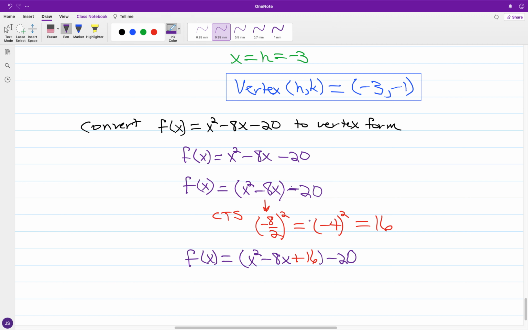So I'm going to override the surplus of 16 by taking away 16 at the end. So right now I have x squared minus 8x plus 16, which is going to be a squared trinomial. And then we have -20 minus 16. That's going to form the k value, which in this case will be minus 36.